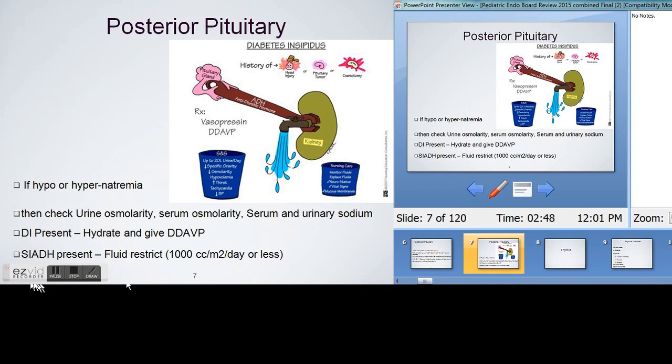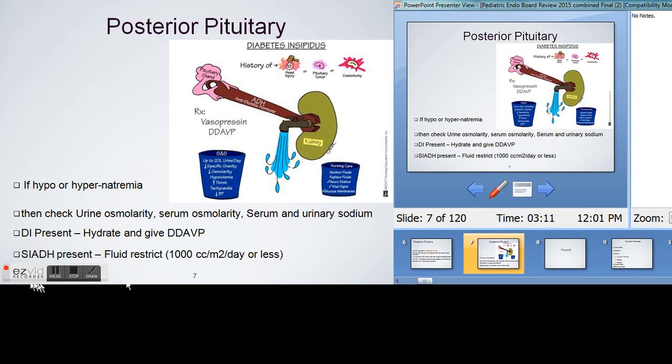Typically, if you're that dehydrated, then your urine osmolality will be pretty high, like 600, 640. So it's an inappropriately low osmolality in the urine for the serum osmolality.